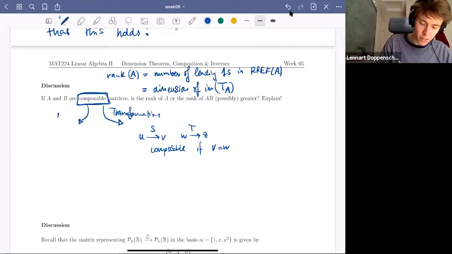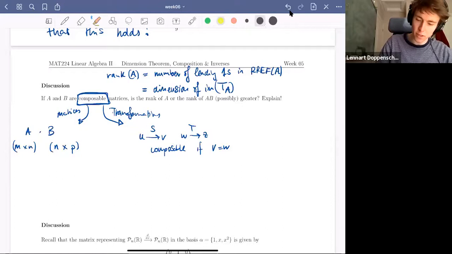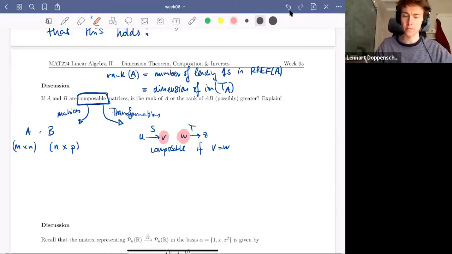And for matrices, composable means that you have an m cross n matrix, and you can only multiply this with an n cross p matrix. So for transformations, you need these spaces to be the same, and for matrices, you need these numbers to agree.